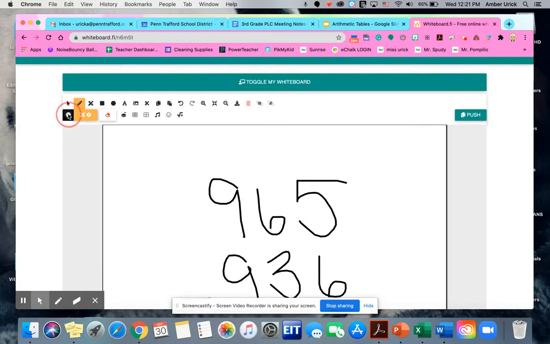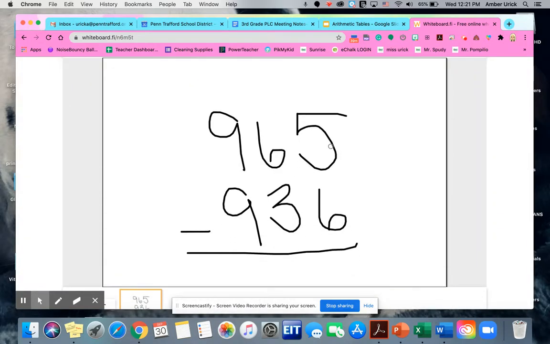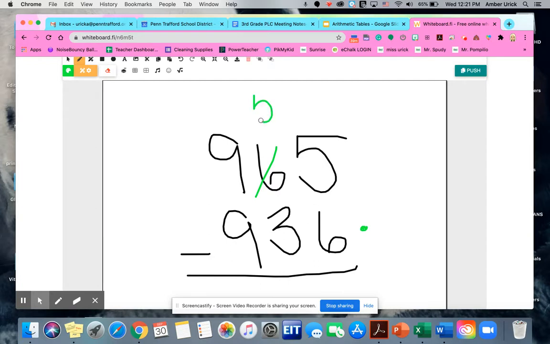All right, so let's change colors. Let's go green this time. So 5 minus 6. Can I do that? No way. I have more on the floor. I got to go next door. This time I have a 6. Can I borrow from the 6? I absolutely can. My 6 becomes a 5. My 5 in the ones place becomes a 15.